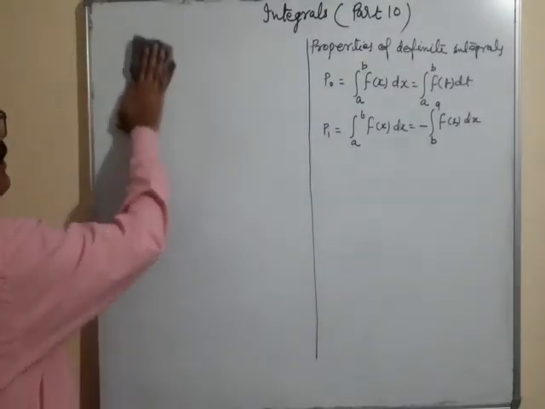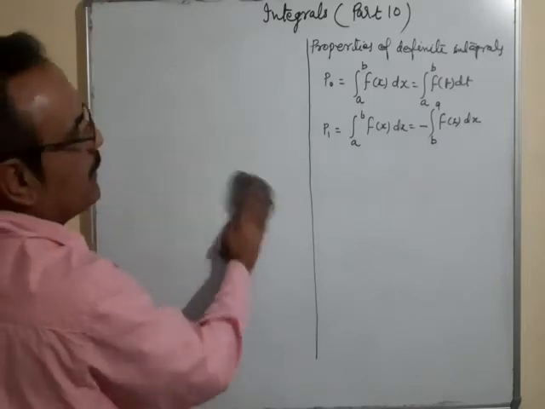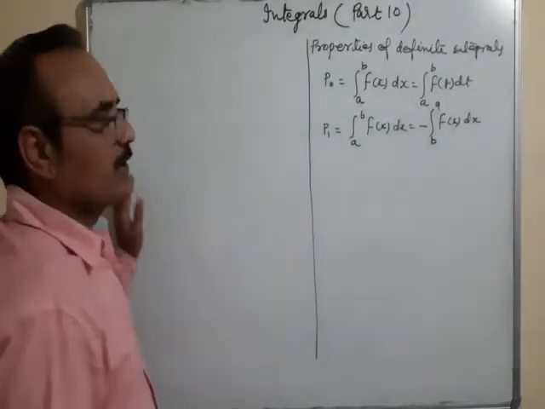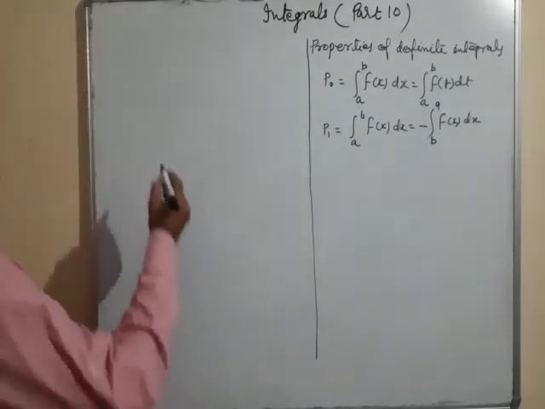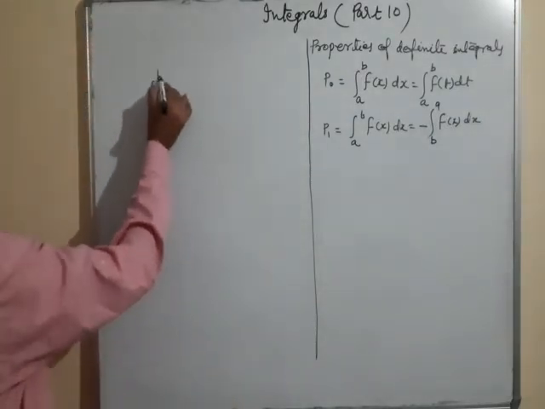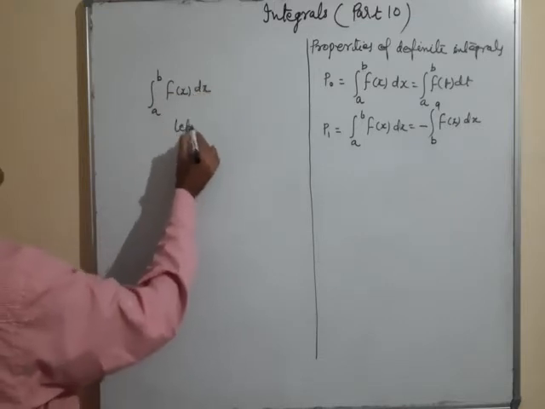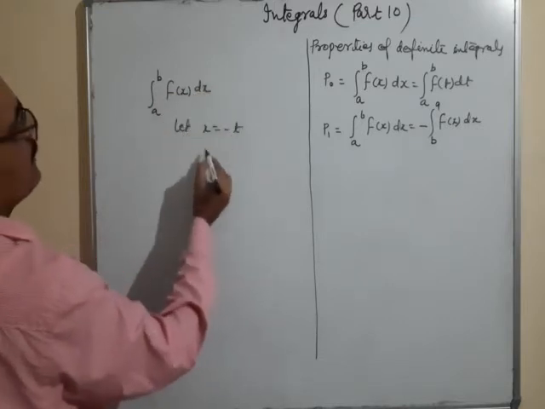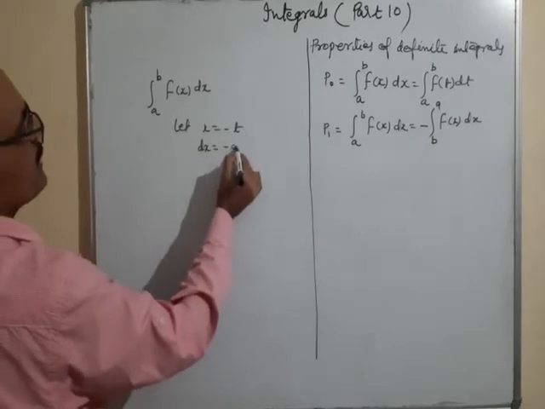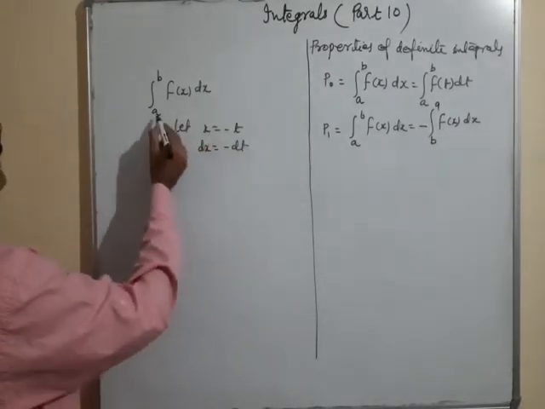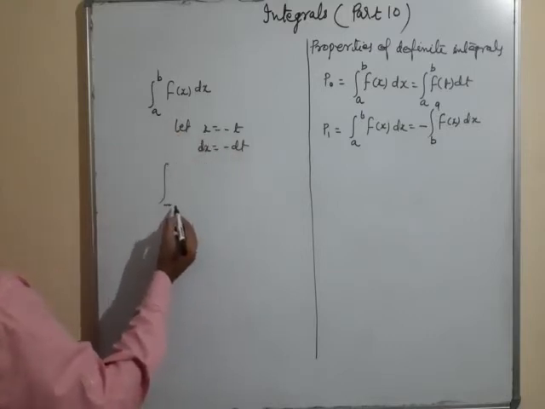Is it okay? Proof is required for this property. Yes, it is required. A to b f of x dx, we have, let x is equal to minus t. So dx is equal to minus dt. We put x is equal to a, so t is equal to minus a.